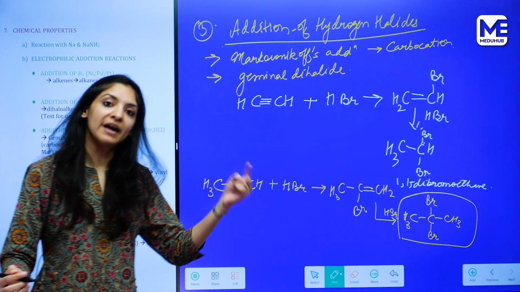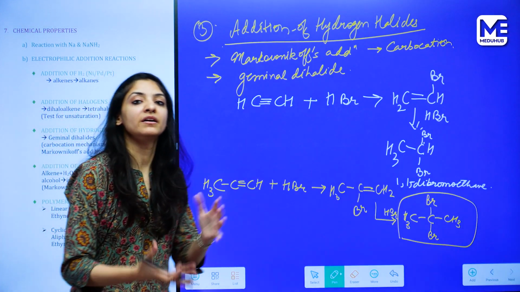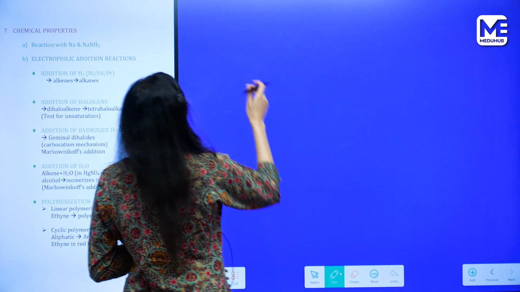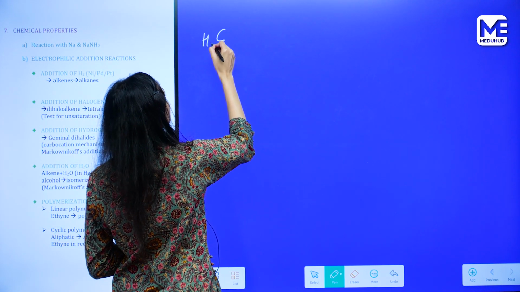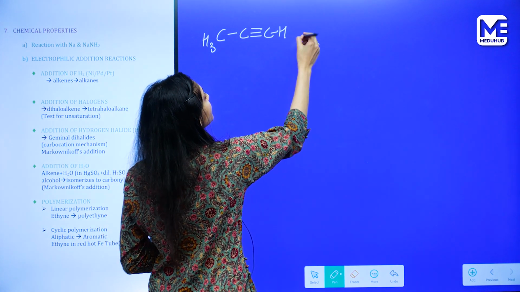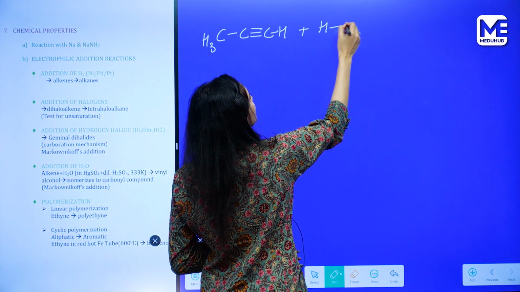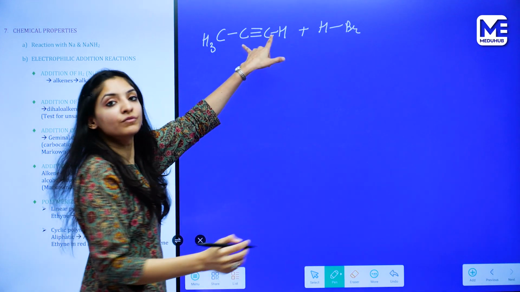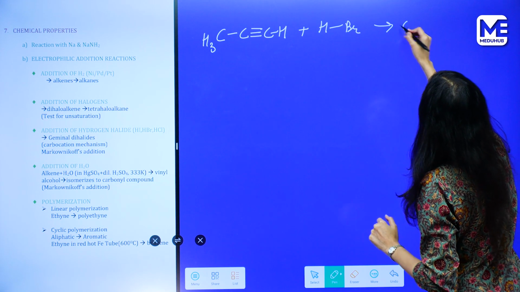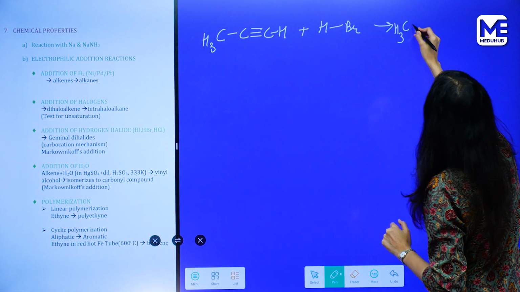Now we have to see why this is happening. For that, we need to look at the mechanism. So we have a propyne. In the first step, there is protonation of this propyne. CH3.